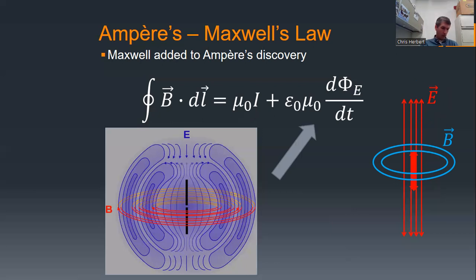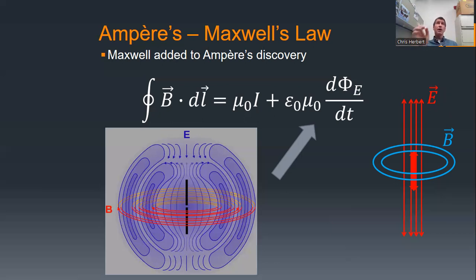Okay, so putting this all together: Gauss's law for electric fields, starting and stopping at positive and negative charges. Gauss's law for magnetic fields, which says we don't have magnetic fields starting and stopping at north and south poles. The magnetic field actually connects back on itself.